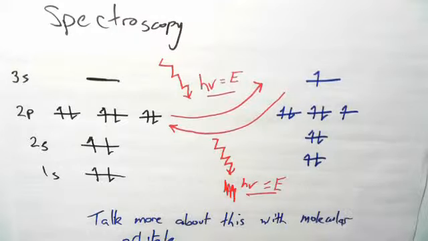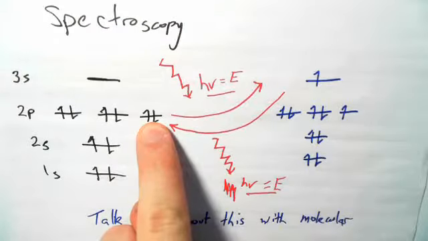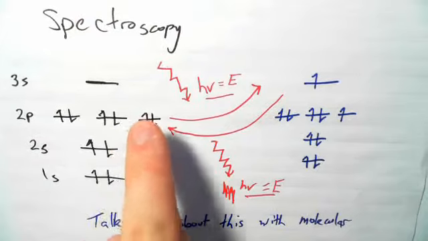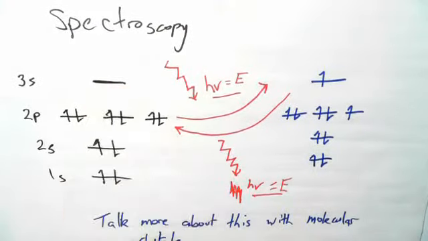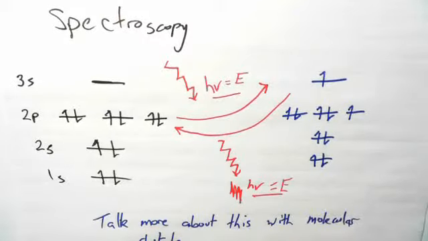If you're using a wavelength or a frequency specific to the energy difference between the highest occupied orbital and the lowest unoccupied orbital, the electron will jump up and absorb that specific wavelength, and then it will jump down and it will emit that specific wavelength.